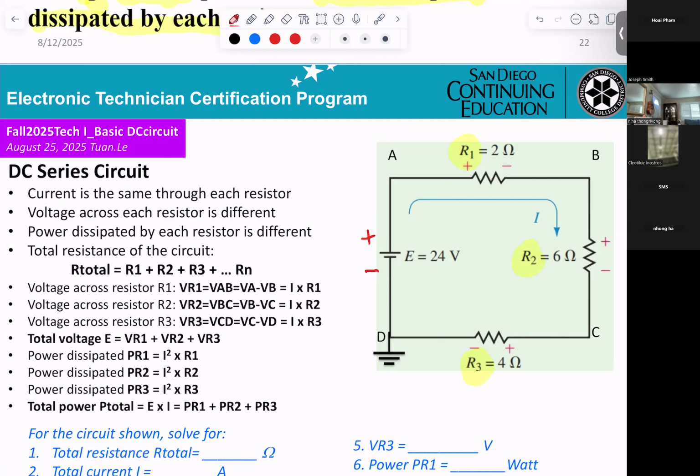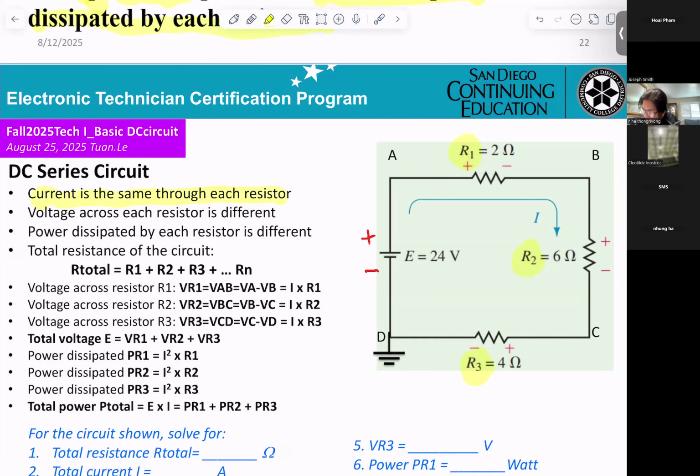When the current flows through R1, you can see left side positive, right side negative. Same thing for R2 and R3. In here, they already explained to you: current is the same through each resistor.